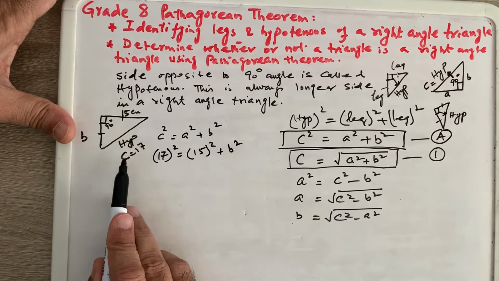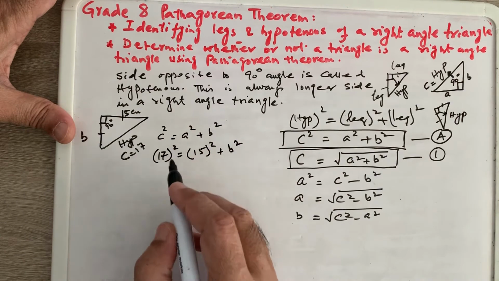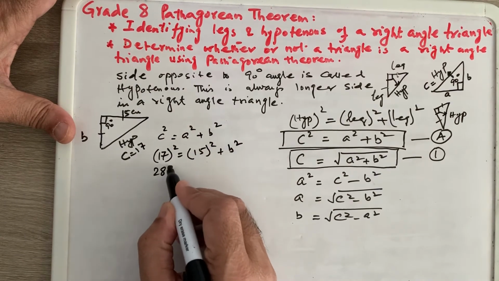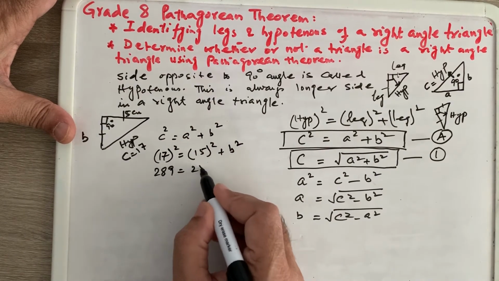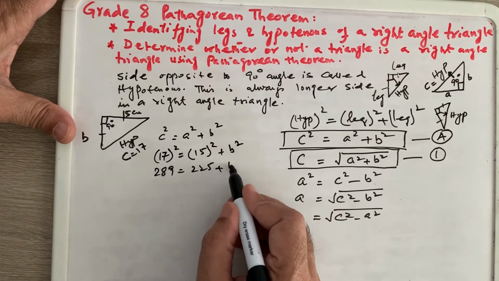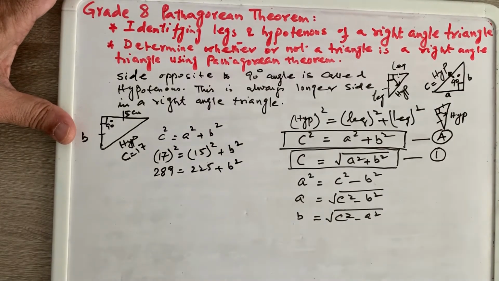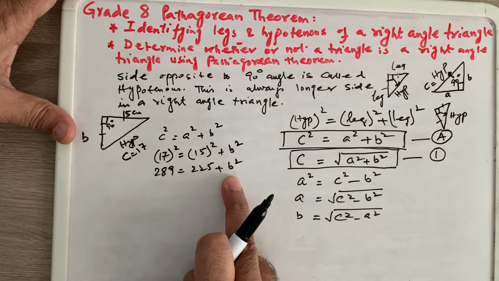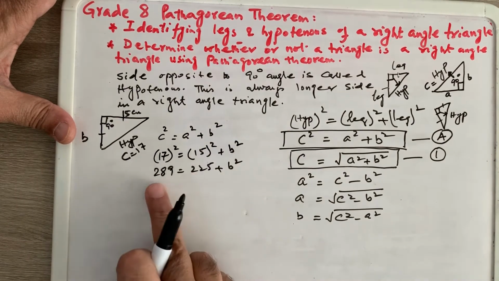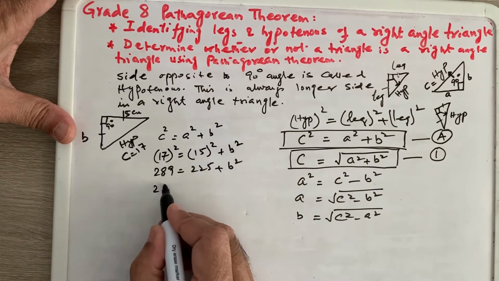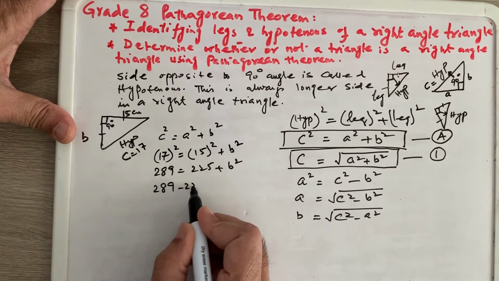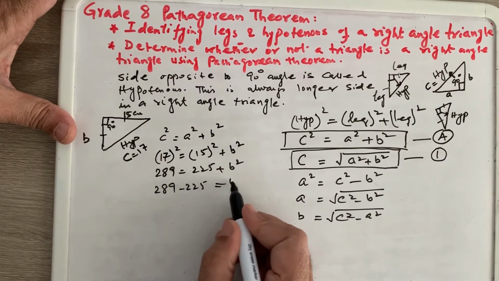Hypotenuse is c. So 17 whole square, which is 289, is equal to 15 whole square, which is 225, plus b square. Now it's simple algebra, because I have to get b square and I have to shift this 225 to the other side of the equation. So I will say 289 minus 225 is equal to b square.